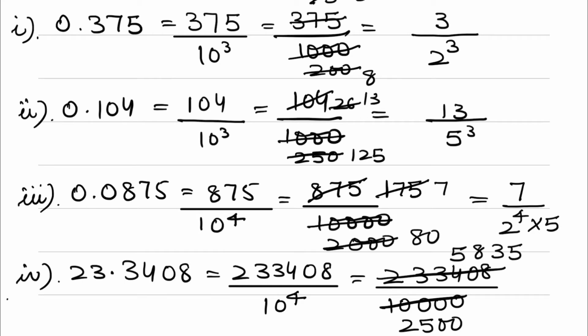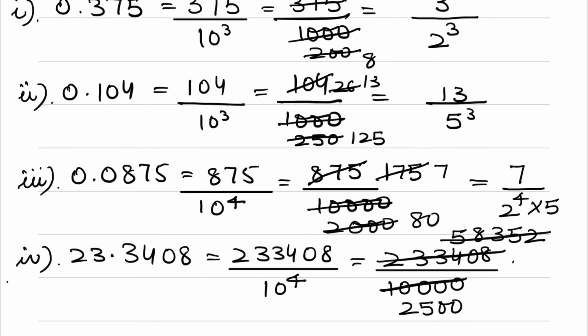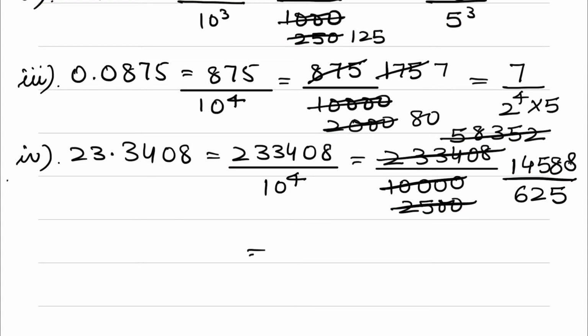So 5 and 2. Again we have 4 common factor because last 2 digits 52 is divisible by 4. This is equal to 14588 divided by 5 raised to the power 4.